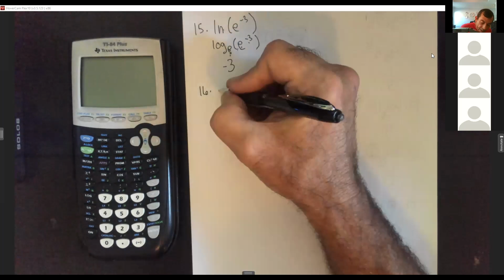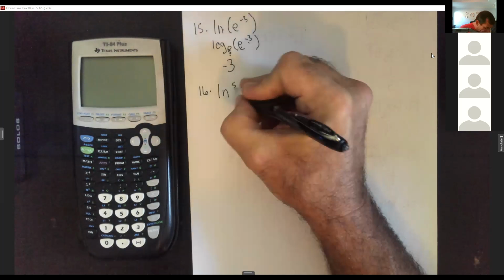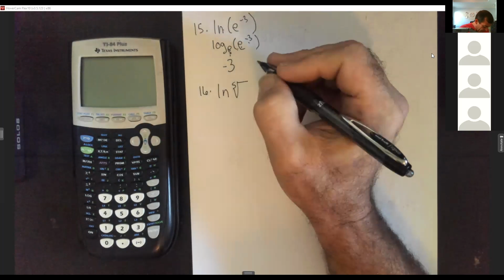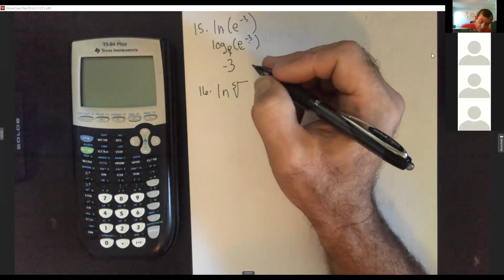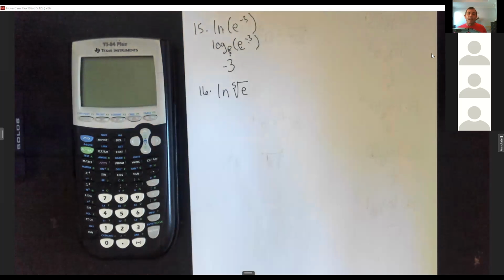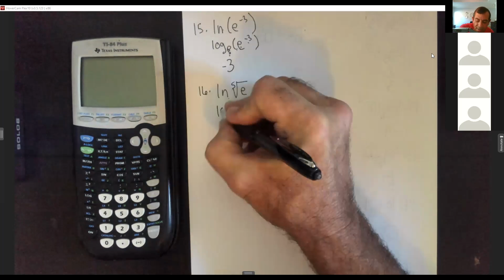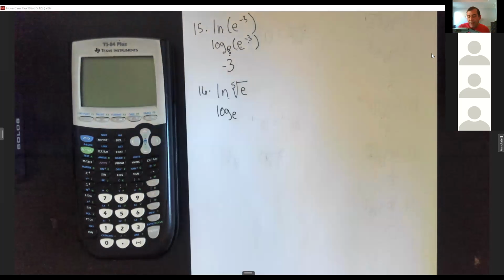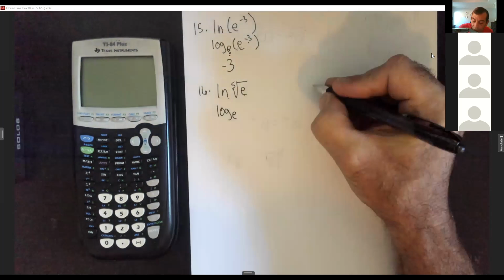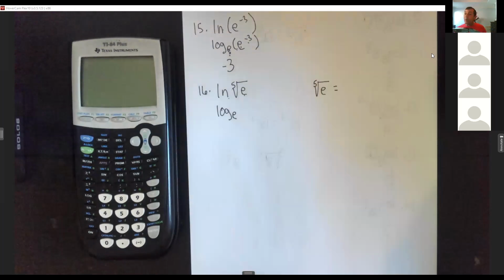How about Ln 5th root of E. So let me rewrite this. I know that the Ln is a log base E. I know I can rewrite this 5th root of E as a fractional exponent.